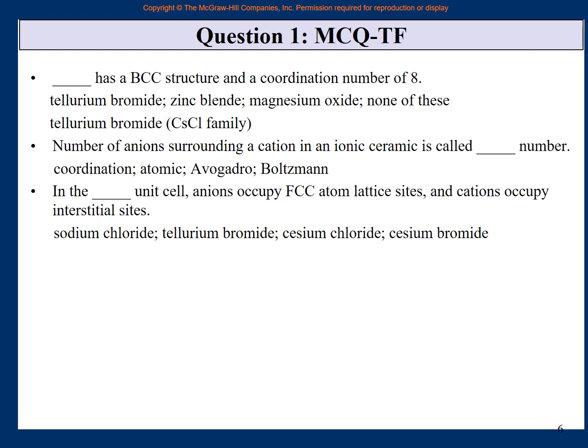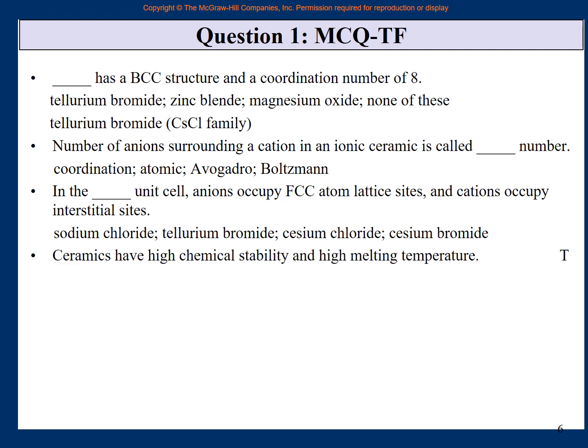So the correct answer is not tellurium, not cesium, it is sodium chloride, your common salt. So this was the only example of the structure of a ceramic where it is FCC type with one type of ions in all FCC places and the other type of ions in all intermediate interstitial places.